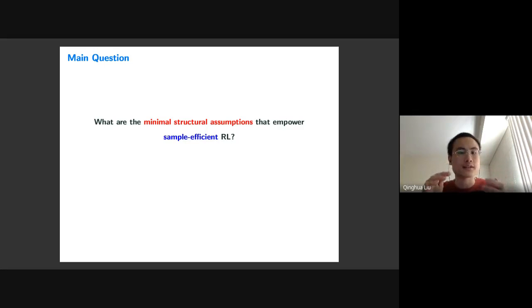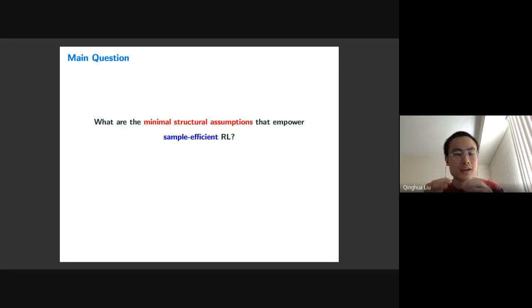And this motivates us to ask the following question, which is also the main question of this talk. What are the minimal structural assumptions that empower sample-efficient reinforcement learning? Here, we really want to go beyond those very special cases and avoid those strong assumptions. We want to discover some mild and general conditions.